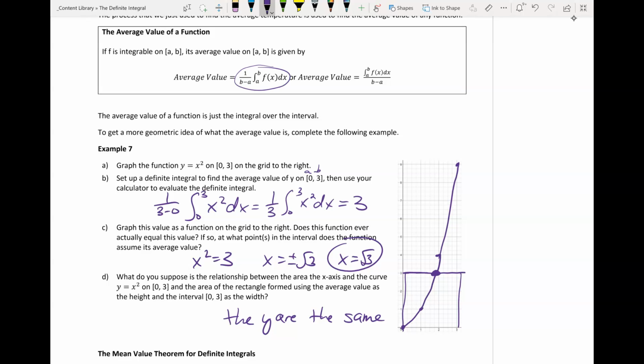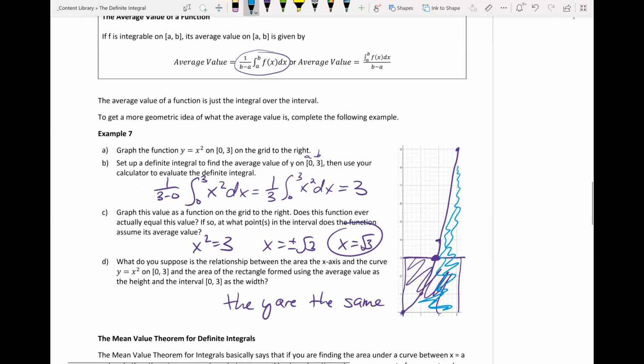So the area underneath our average value here is the same as the area underneath the curve x squared from 0 to 3. So that means that the average value can give us the same value as the area underneath the curve given the interval.